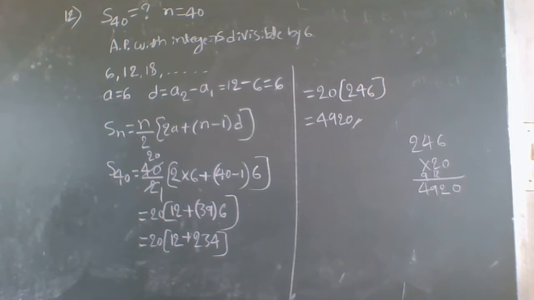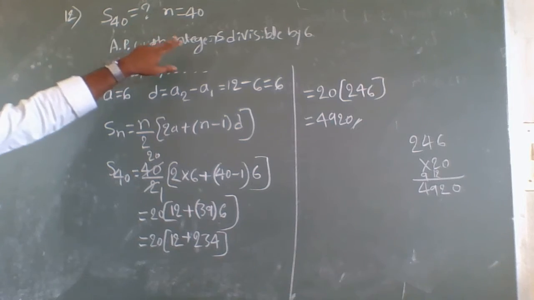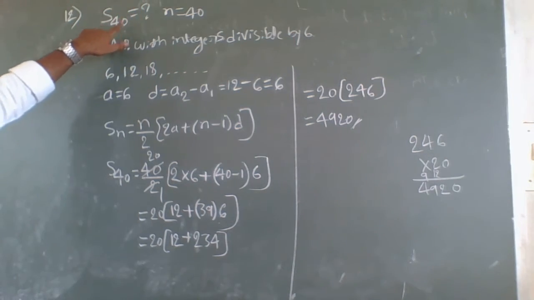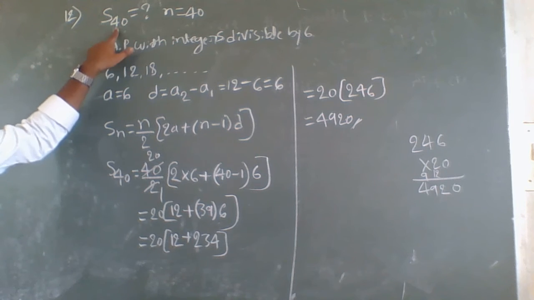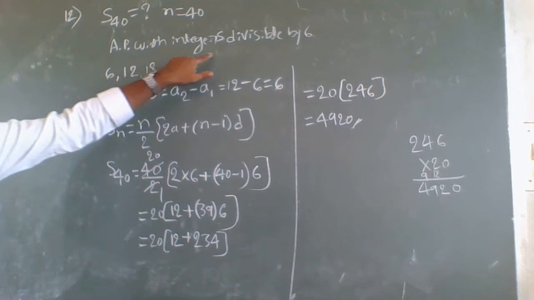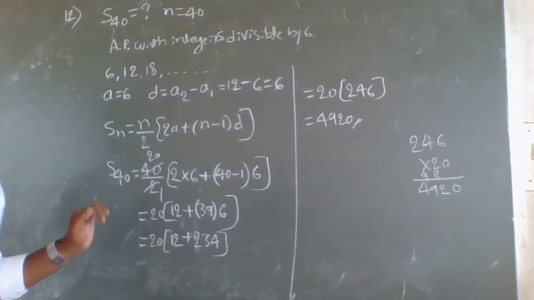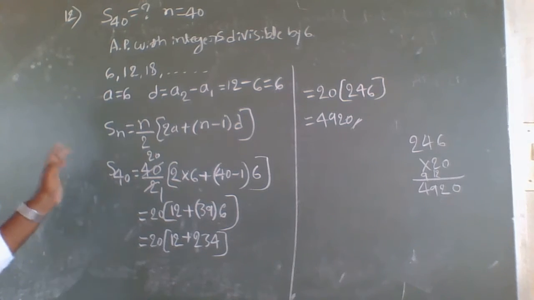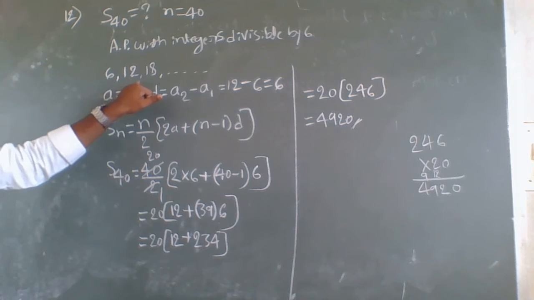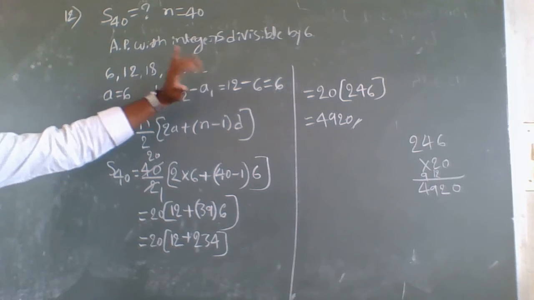So what is the problem? You have to find the sum of the first 40 terms where the integers are divisible by 6. Therefore, we calculate the S40 value where n is equal to 40, and I have written one AP where the integers are divisible by 6, that is the multiples of 6: 6, 12, 18, like this 40 terms.